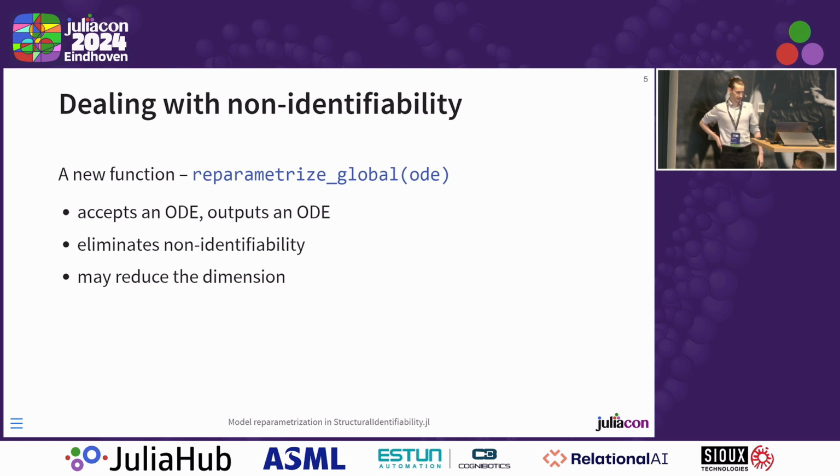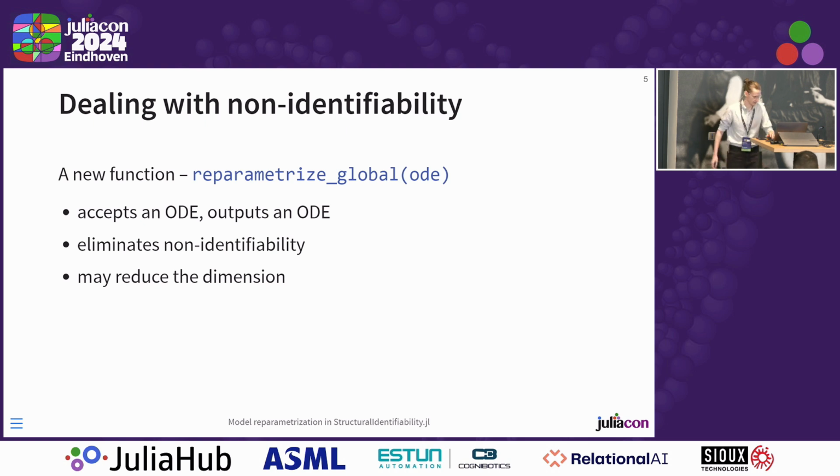This function accepts an ODE and outputs an ODE. This function tries to eliminate all non-identifiability of quantities that it can discover in the model. As a side bonus, this function can reduce the dimension of the model.